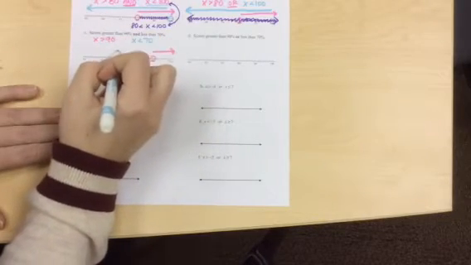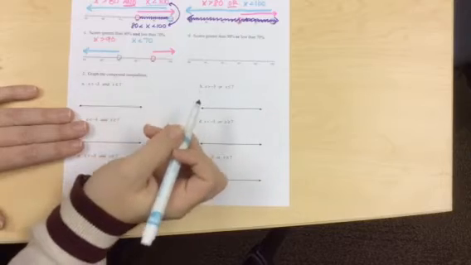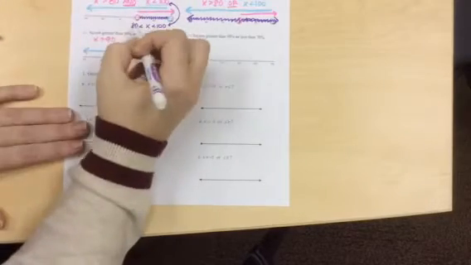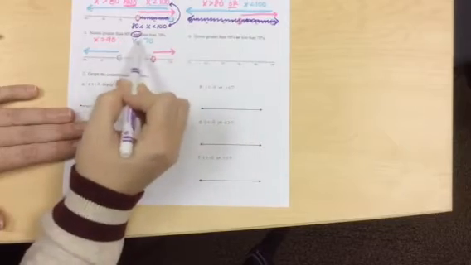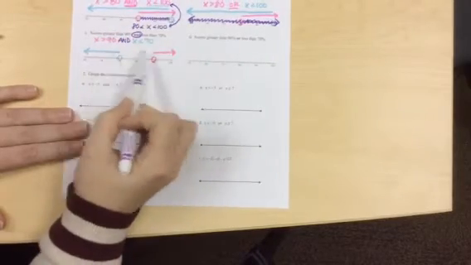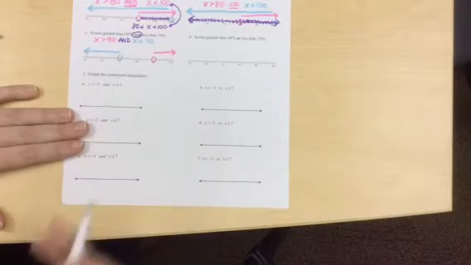For less than 70, I'm going to shade less than. Because it says and, I'm looking for where are both of these inequalities true. So we're looking for the intersection. If I look, these are never intersecting.